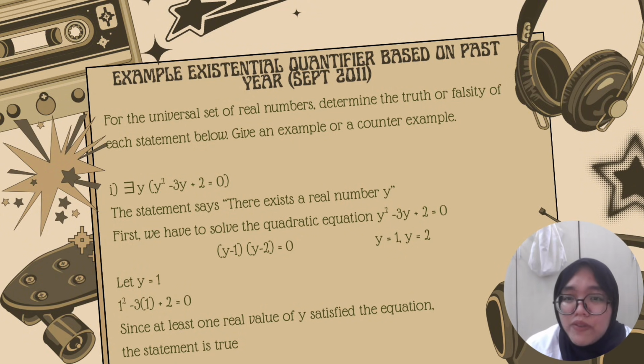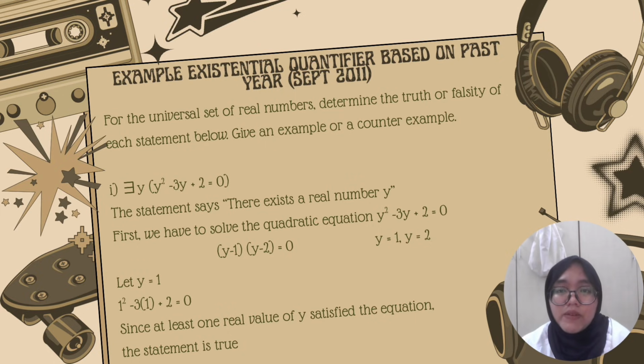So this gives y equal to 1 or y equal to 2. Let y equal 1. We substitute it into the equation, then we will get 0. Since at least one real value of y satisfies the equation, this statement is true.